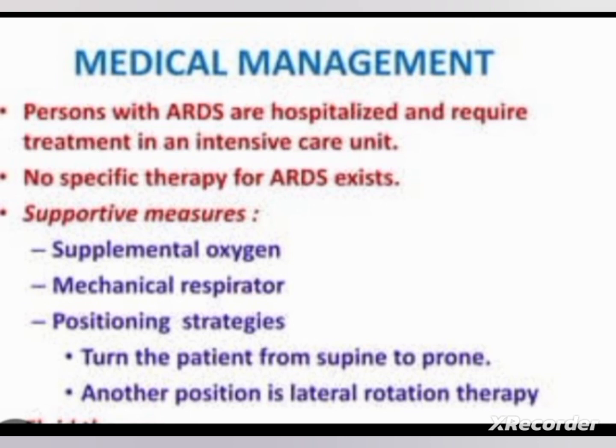When we change the position, pressure variation occurs and the person can breathe smoothly. So usually we give two positions: turning the patient from supine to prone, and lateral rotation therapy, in order to increase the thoracic pressure, and the prone position helps to get maximum perfusion.